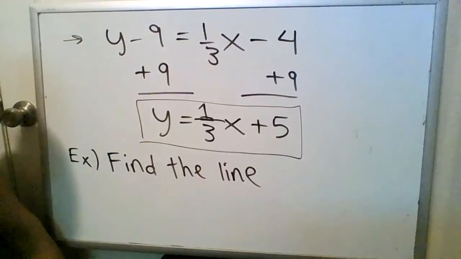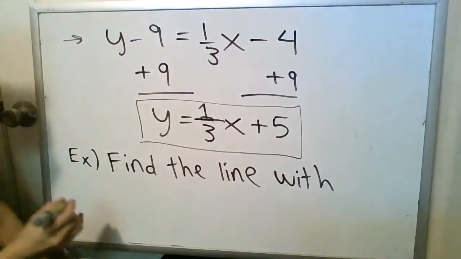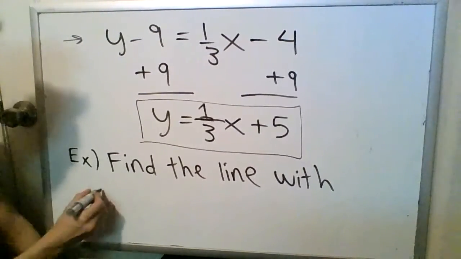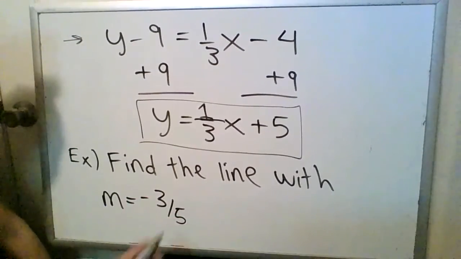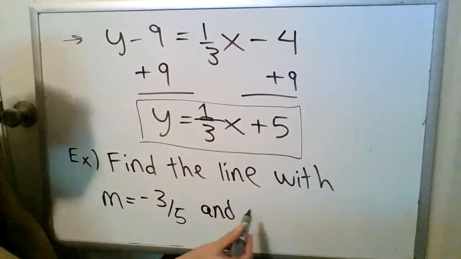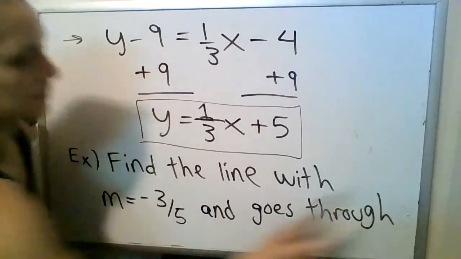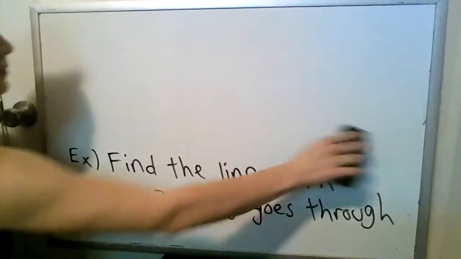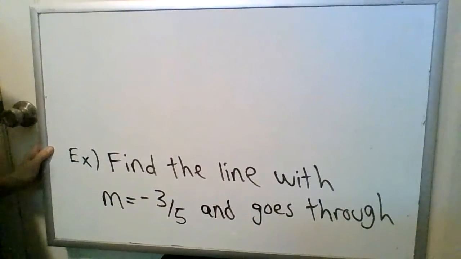Our line will have a slope of, we're going to choose -3/5, and goes through 0, 10.